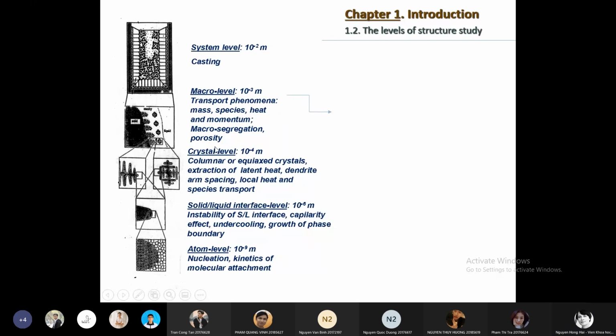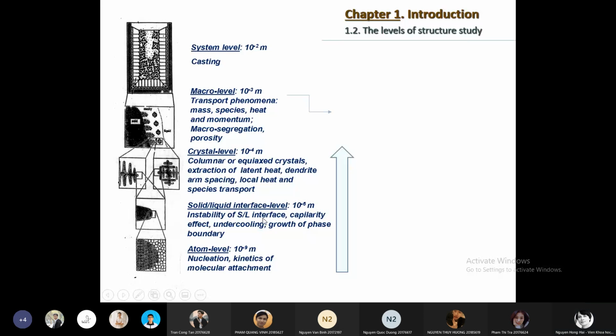And I would like to pay attention to the macro level. So here we have some transport phenomena: mass, species, heat, and momentum. In our course, we study from the bottom up, from the atom to nucleation to the micrometer level.